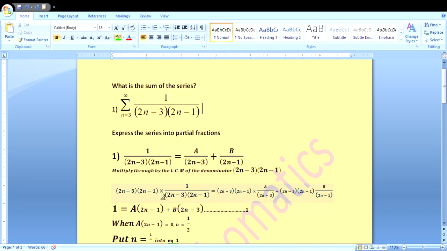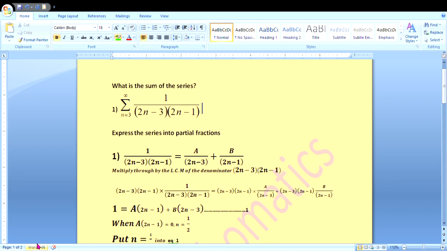So if that is done, this becomes (2n minus 3)(2n minus 1) times 1 over (2n minus 3)(2n minus 1) equals (2n minus 3)(2n minus 1) times A over 2n minus 3 plus (2n minus 3)(2n minus 1) times B over 2n minus 1.